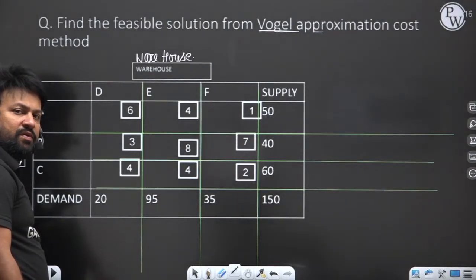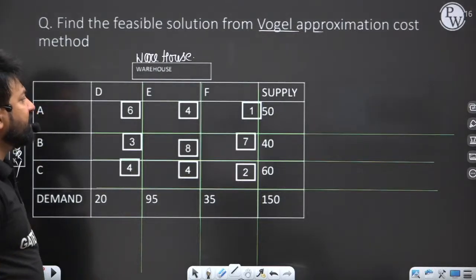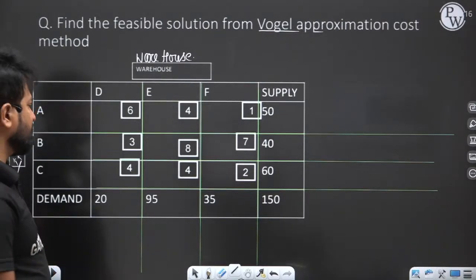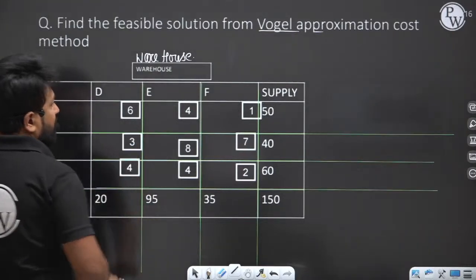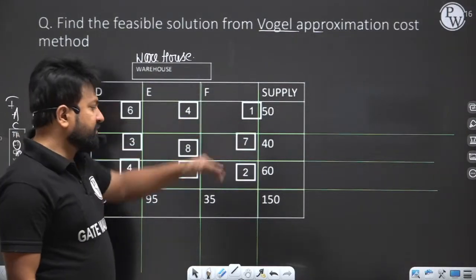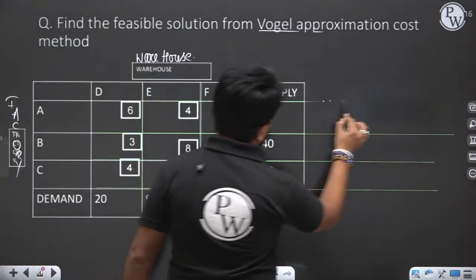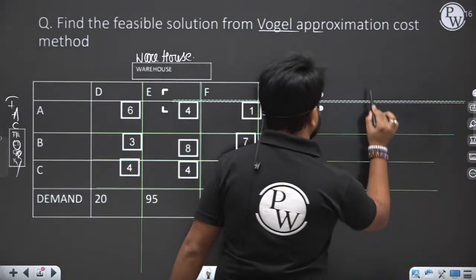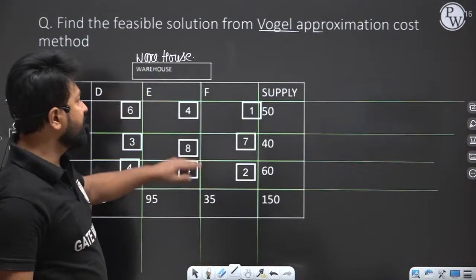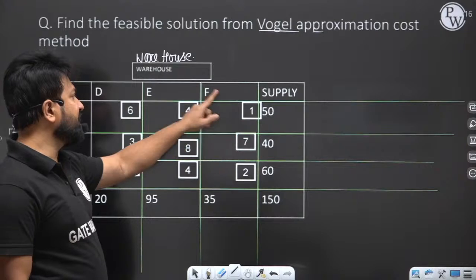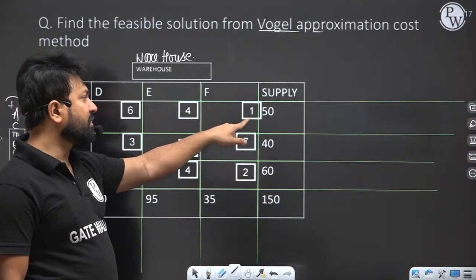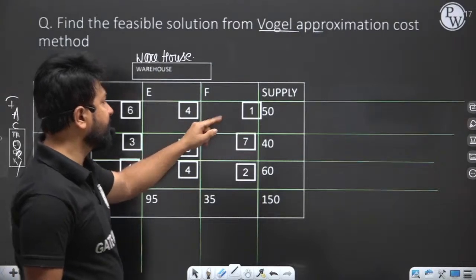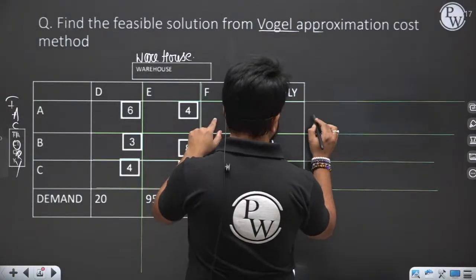So what we will do, we are going to find out the penalty of each row and each column, right? In this row, the penalty is the minimum subtracted from the next higher, that is 4 minus 1, which will become 3.